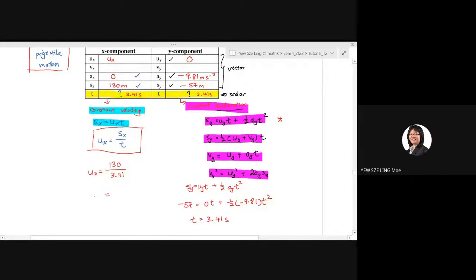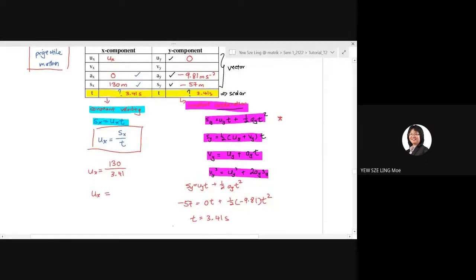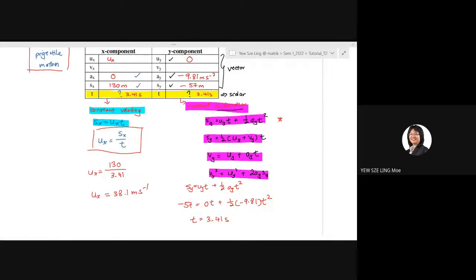So ux is 38.1 meter per second. So that is the final answer. And that is how we solve projectile motion.